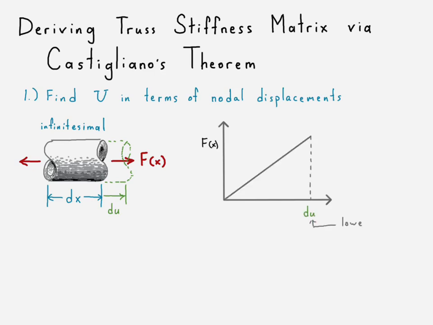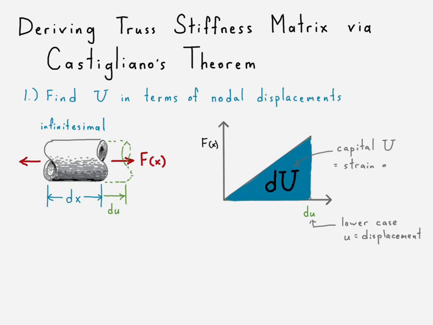Now we're going to draw this diagram, where the force is being pulled on it and our infinitesimal displacement there. We'll say that that infinitesimal displacement gives us our infinitesimal change in strain energy.